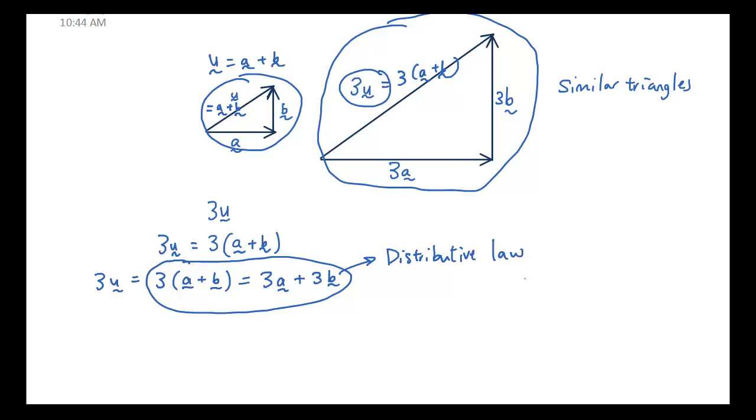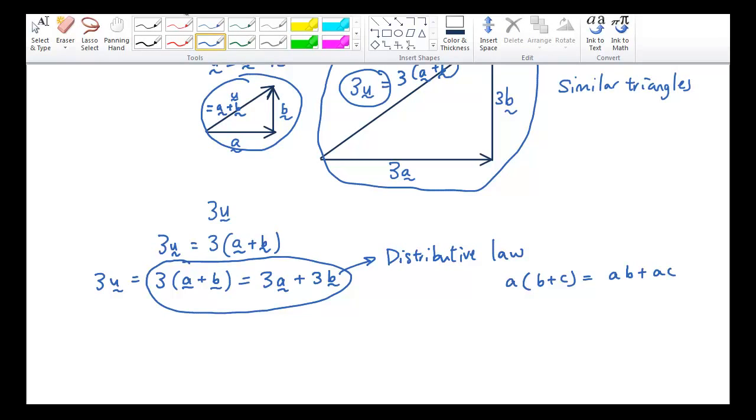If you remember in algebra, we have something like this: a bracket b plus c can be rewritten as ab plus ac. Now we have shown the same thing with vectors, because instead of 3, we could multiply by any scale factor.